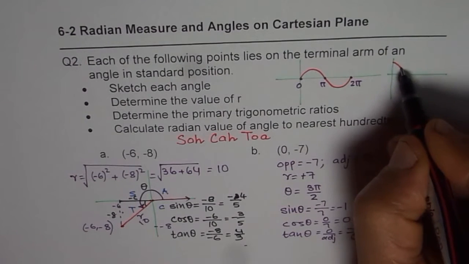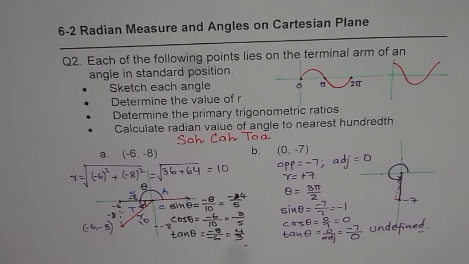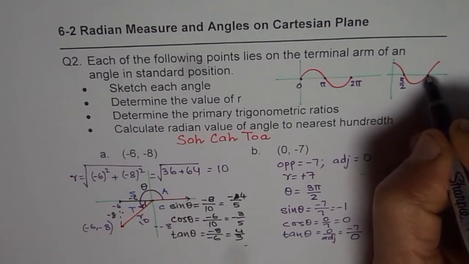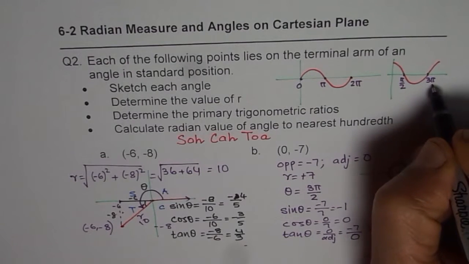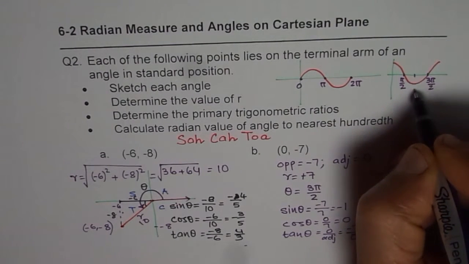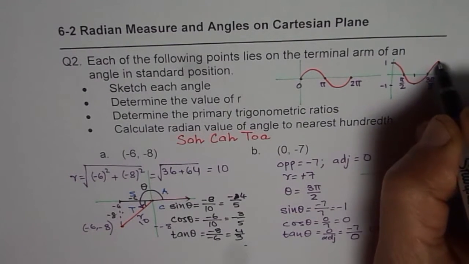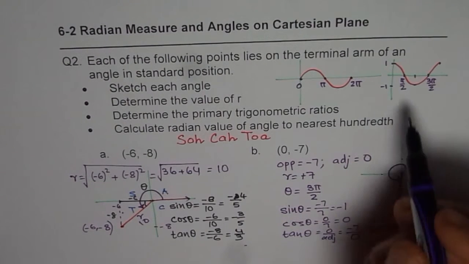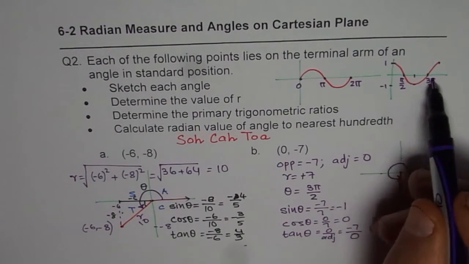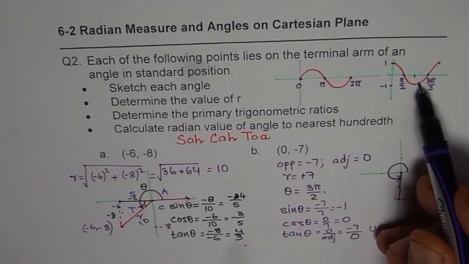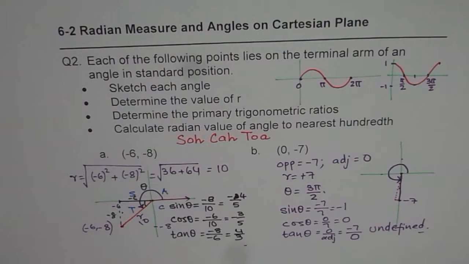For cos, the function is kind of like this, which is 0 at pi by 2 and at 3 pi by 2. At pi, it is -1. At 0, it is 1, and at 2 pi also it is 1. But the zeros are at pi by 2 and 3 pi by 2 for cos. So 3 pi by 2 is the angle you are dealing with, so cos is 0.